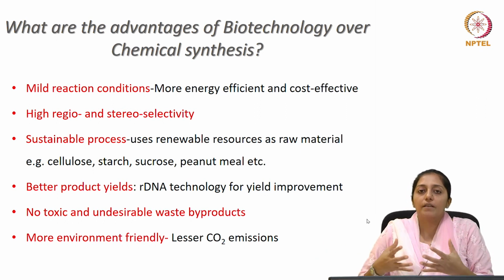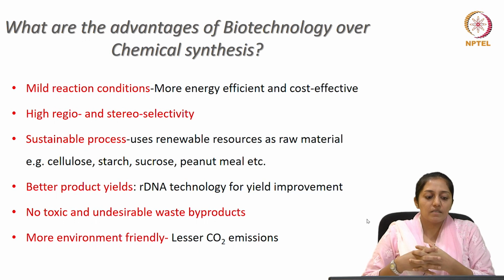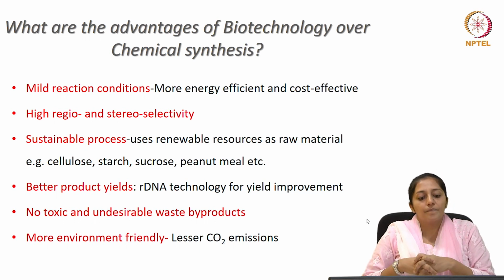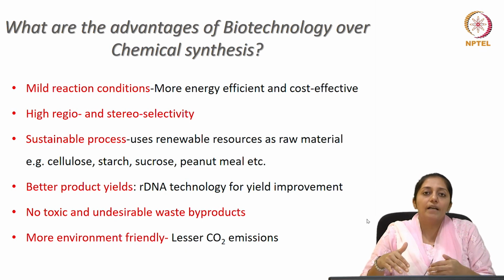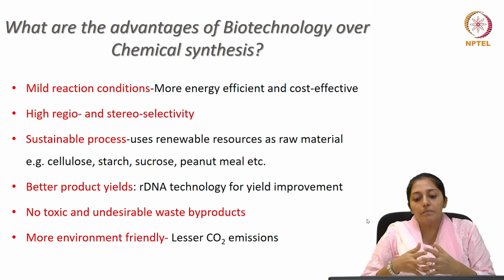Now, how can biotechnology be better than chemical synthesis? As you can see on the slide, biochemical reactions can be carried out under milder process conditions. So they become more energy efficient and more cost effective.